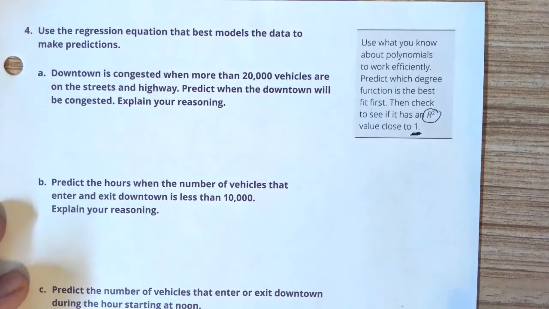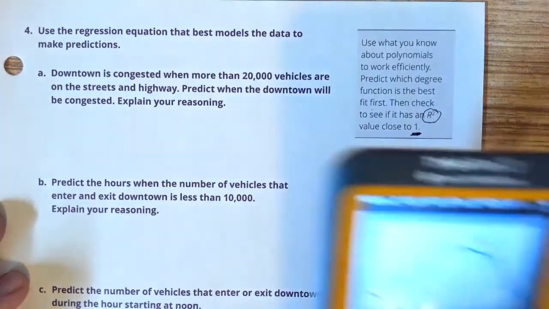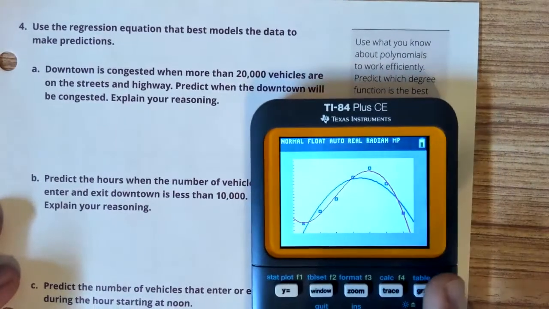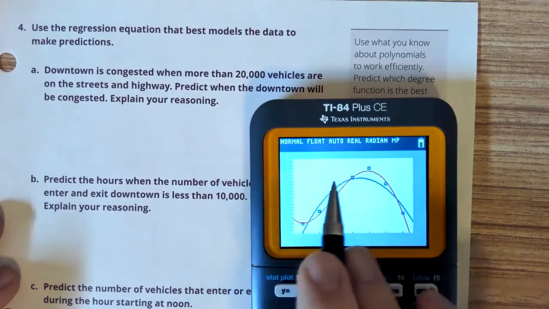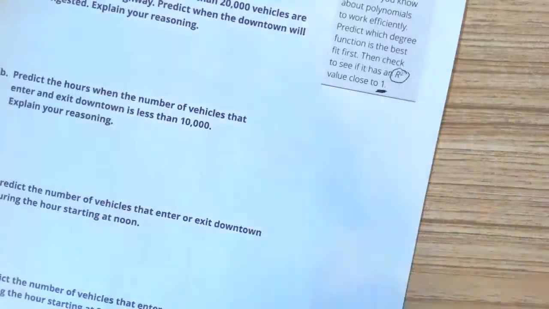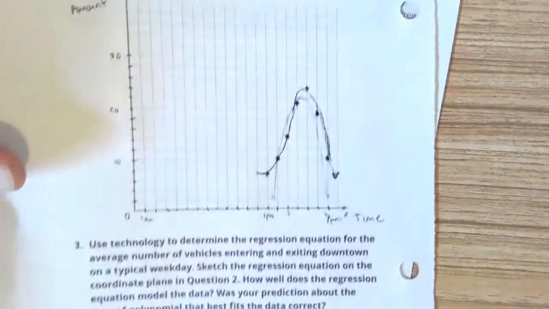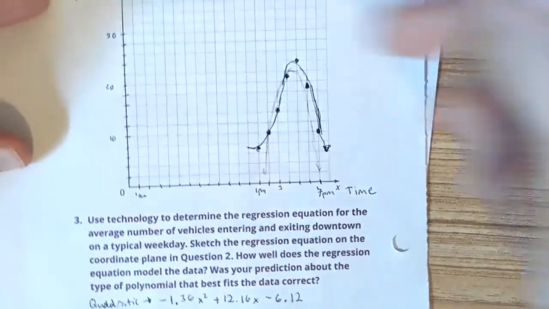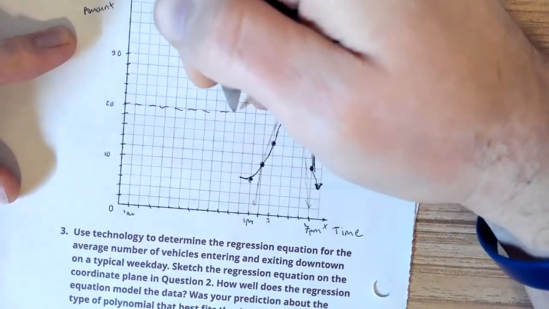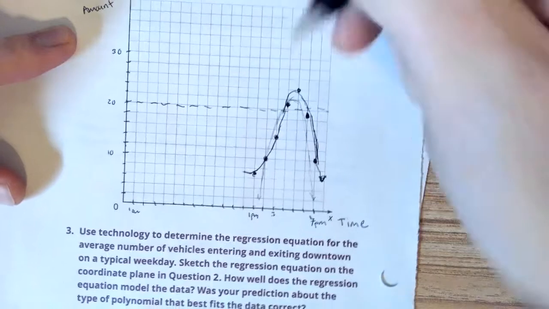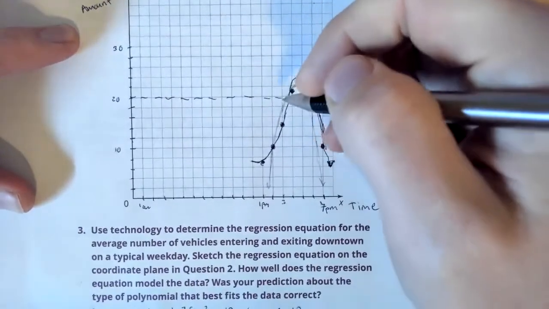So the downtown area is going to be congested anytime we're above 20,000 on the y-axis. Here's where I made our graph earlier. So hey, here's that line at 20,000 vehicles. It looks like it's going to be congested.